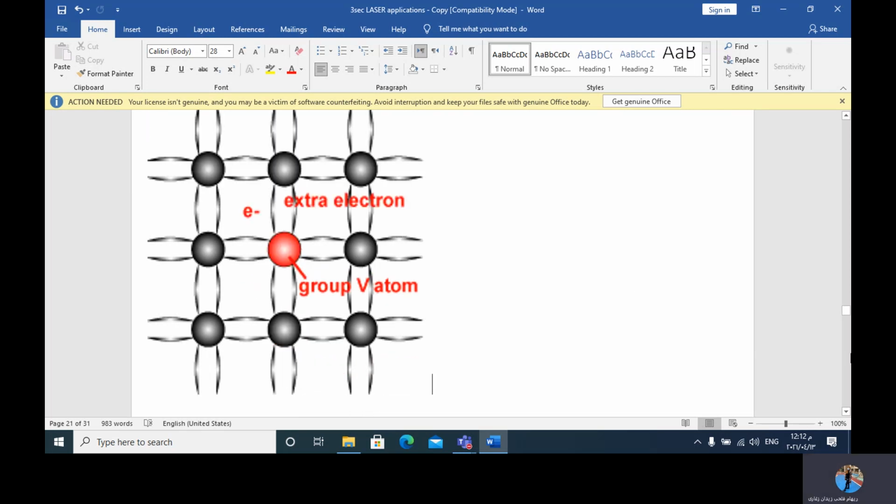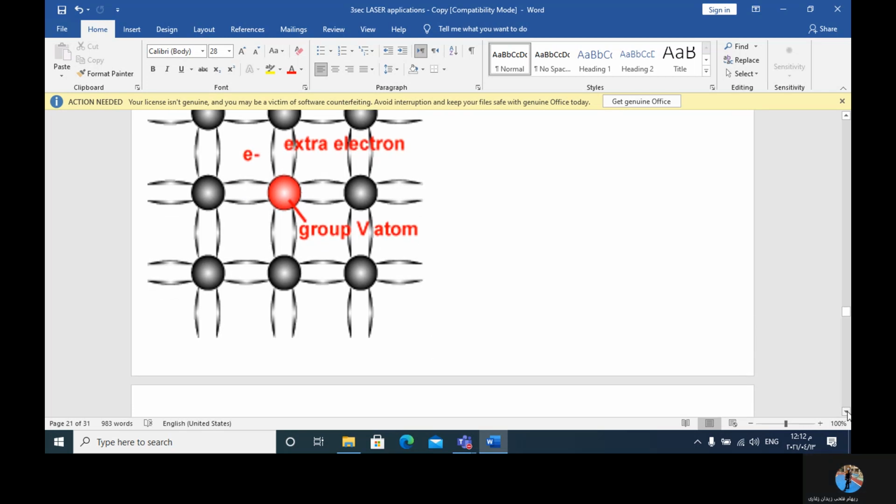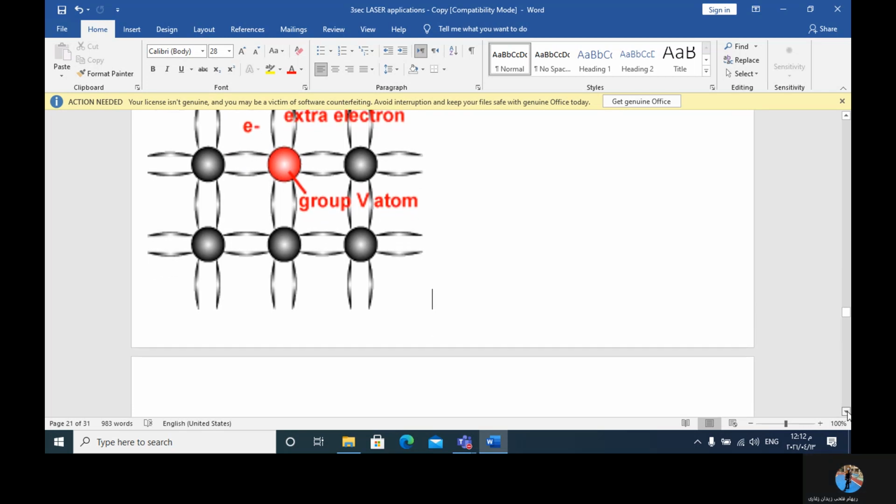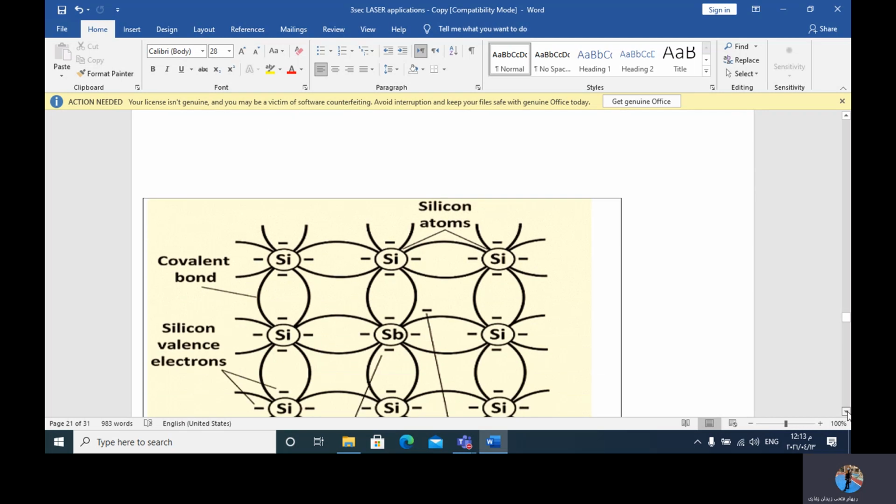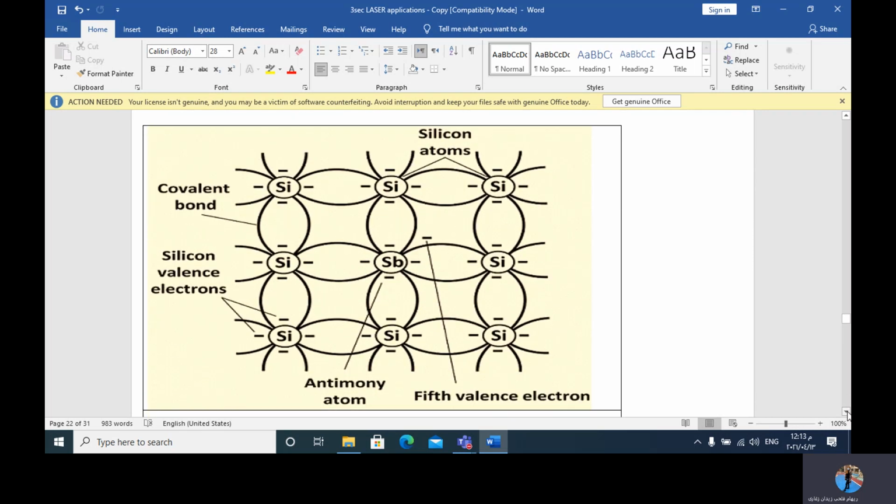Okay, so what happened if I now consider the crystal with its exact atoms? So this is silicon, silicon, silicon. You have here negative, negative, negative, negative. These are the electrons, 4 electrons around each silicon.